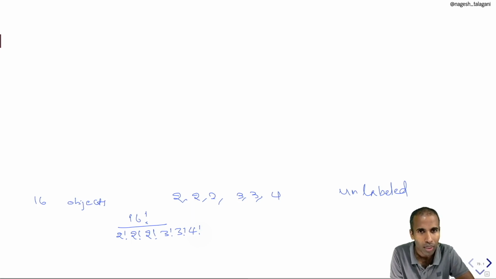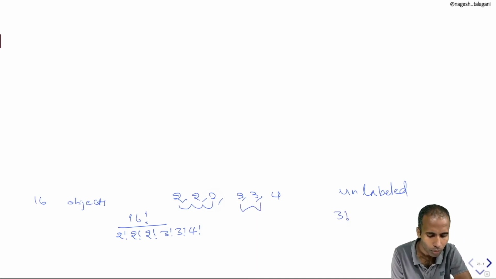I told you that in the labeled case, if we shuffle groups among the groups of the same sizes, the corresponding unlabeled divisions will be same, right? So that would be the over count. So here there are three groups of same size 2, so they can be shuffled among themselves in three factorial ways.